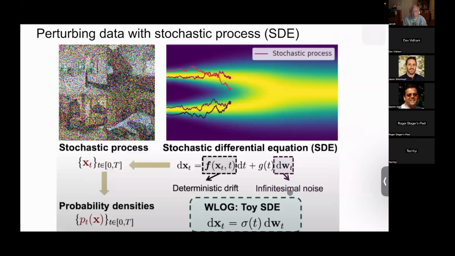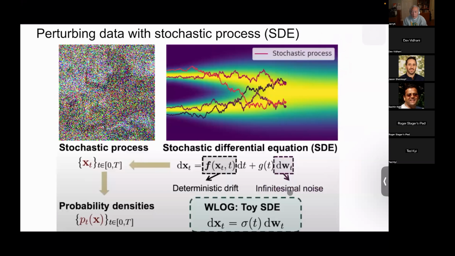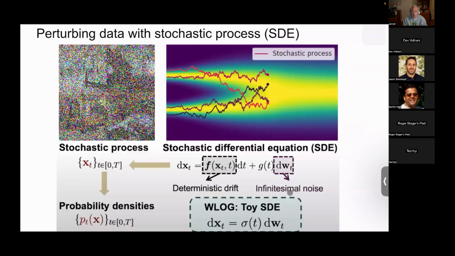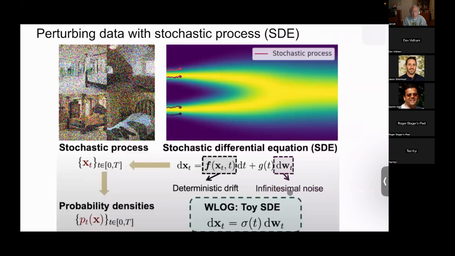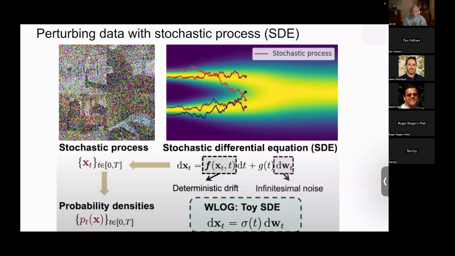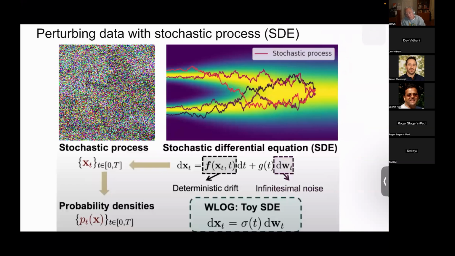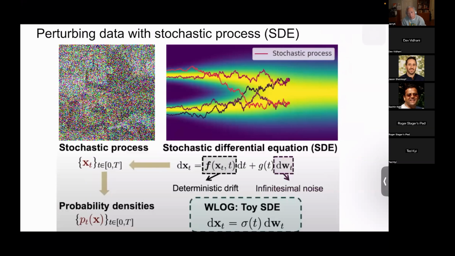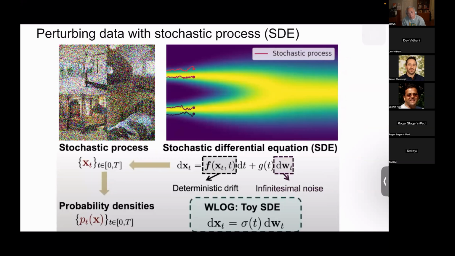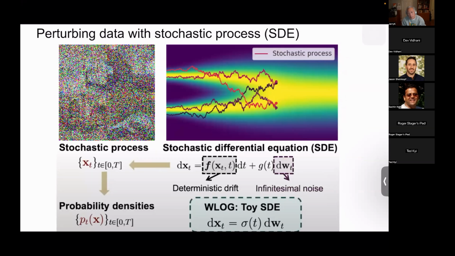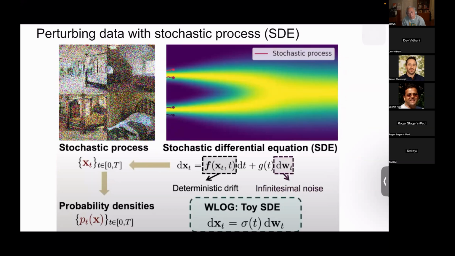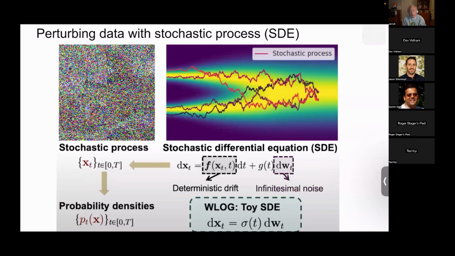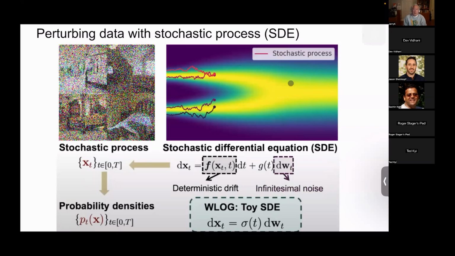And this is essentially perturbing the data with a stochastic process. So you're using the stochastic perturbation to convert the data to noise. You start from the initial clean data, these 4 images here for example, and you progressively inject Gaussian noise into it.